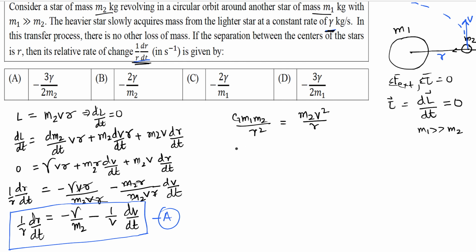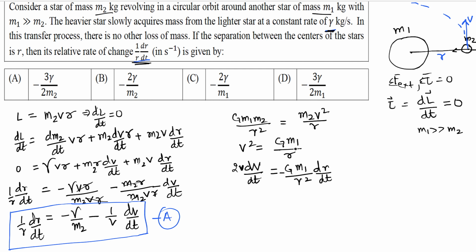So therefore, what we get is v square equal to G m1 by r. Now let's differentiate this also with respect to time. So we get 2v dv by dt equal to G m1 by r square, minus dr by dt.